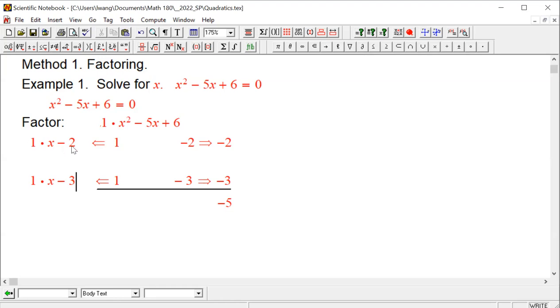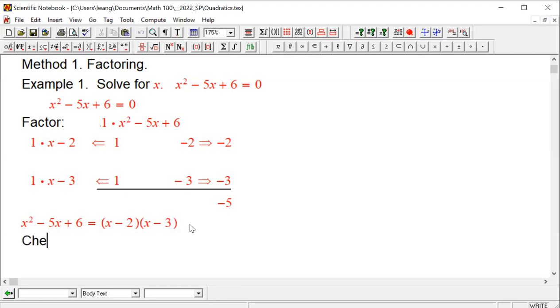So this piece is X -2, and this piece is X -3. And by this time, our factors are found. And we got X -2 times X -3. X -2, X -3 factored.